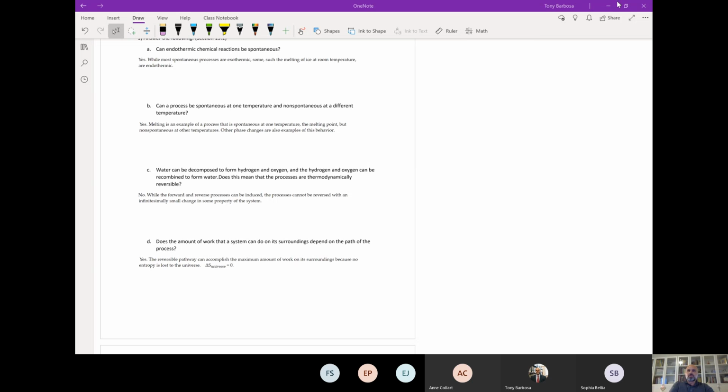I can't find what I'm looking for. We have path functions and state functions. So if we're thinking about part D, we have entropy, right? We talked about entropy, and in particular, that entropy was a state function, right?